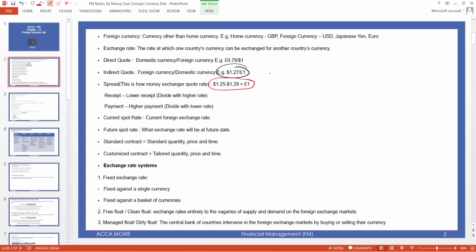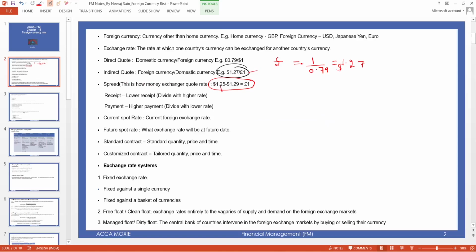Okay, I mean, this is the same thing I told you earlier. So 1 pound can get $1.27. Okay, right?